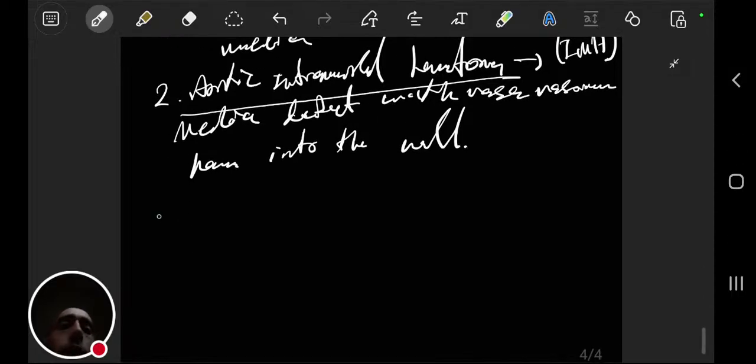Now the third and the last thing under the overview of acute aortic syndrome is the penetrating atherosclerotic ulcer.